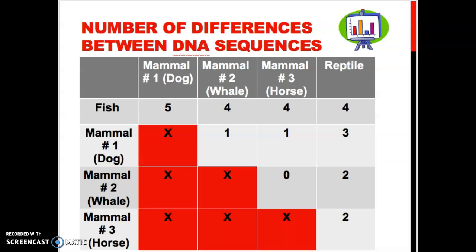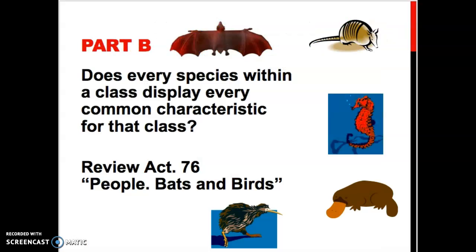Now what you're going to have to do is do that once by yourself with some different DNA strips. So for part B, we are going to look to see, does every species within a class display every common characteristic of that class?